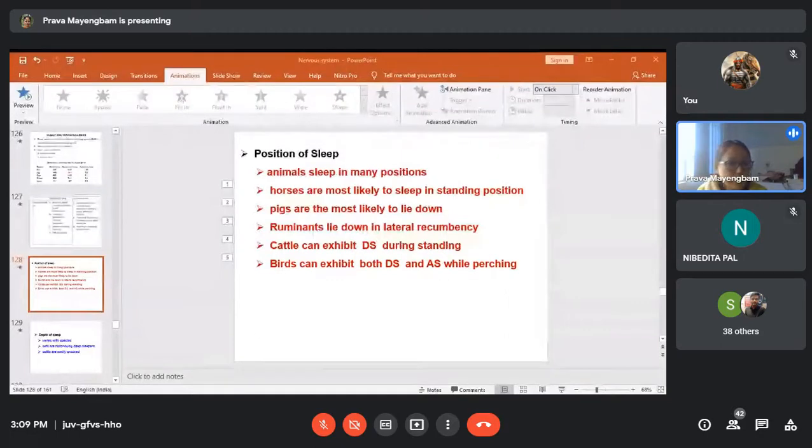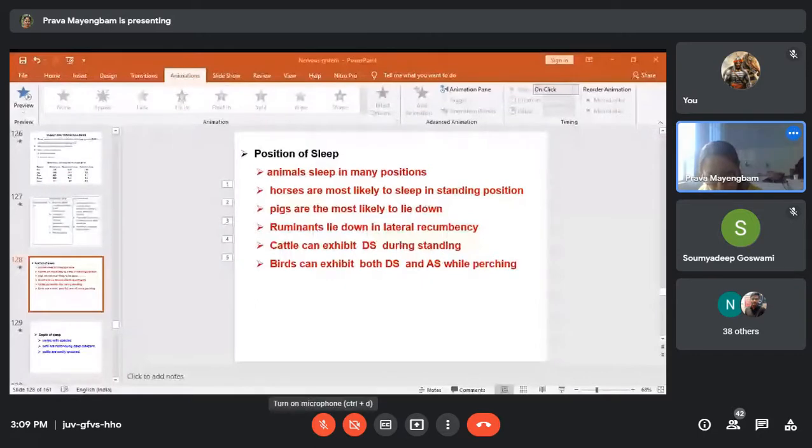Then birds can exhibit both deactivated sleep and activated sleep while perching. Do you know perching? What is perching? How do birds stand on tree branches with their legs?